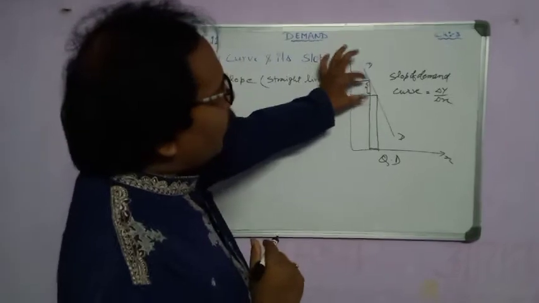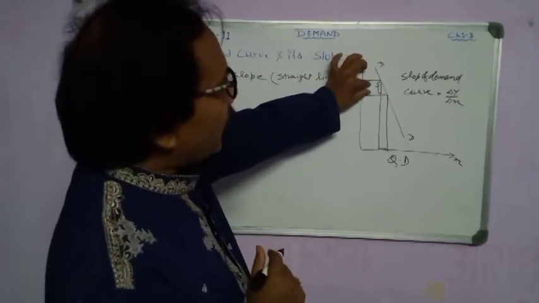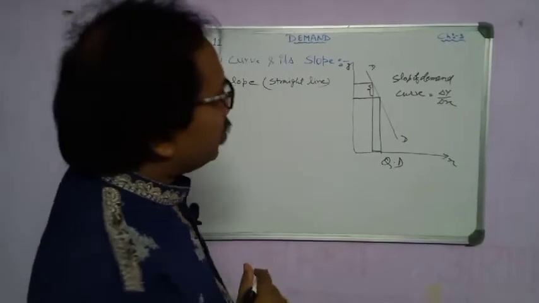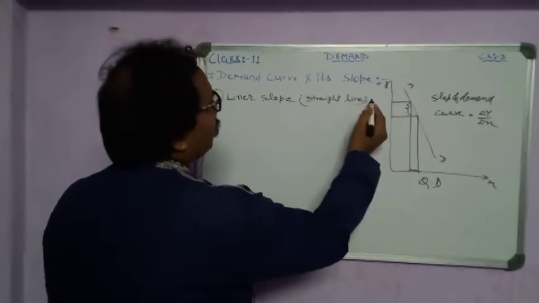So here you find that the sacrificing of y goods is more and the gaining of x goods is less. So in this case, it will not be a straight line.